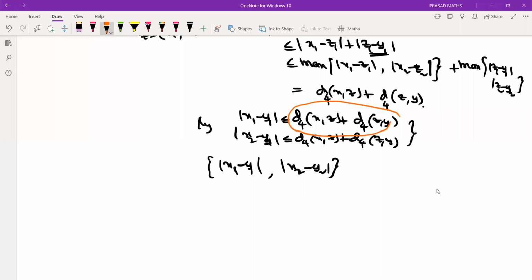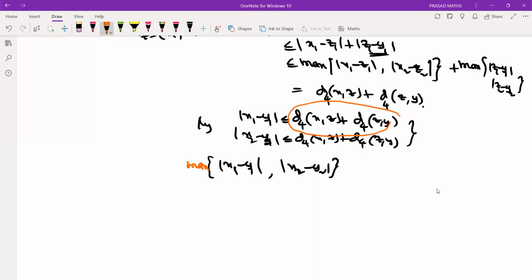Once it is an upper bound for the set, this set has a greatest lower bound, no, a least upper bound. Because it's an upper bound for the set, it has a least upper bound. That is what the supremum is. Therefore, the supremum, for a finite set, is a maximum.